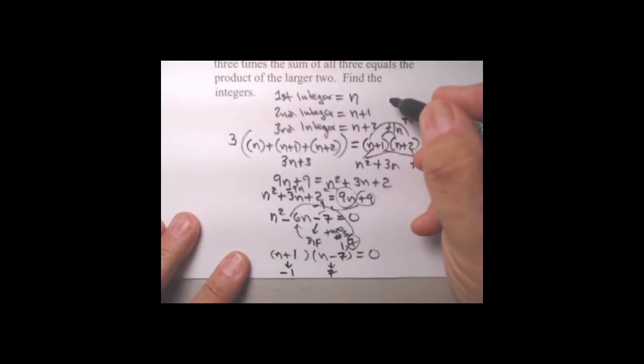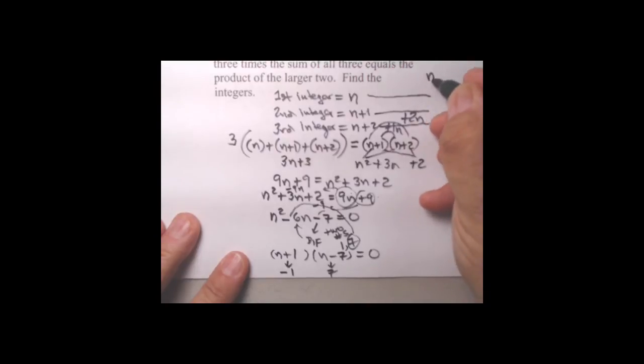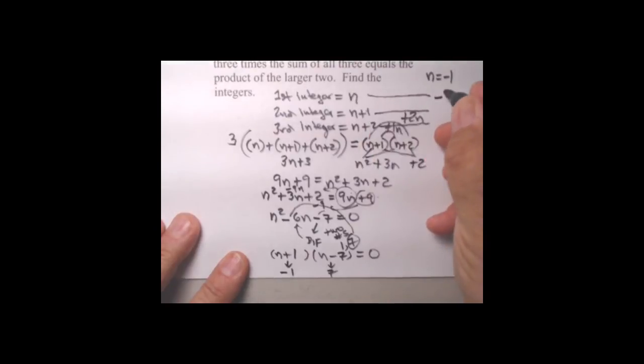Well, again, since these are integers, they can be positive and negative. So once again, we're going to get ourselves two sets of answers here. If I use the n equals -1 I got, that means the first integer is -1. I add 1 to that to get the second guy. That gives me 0.